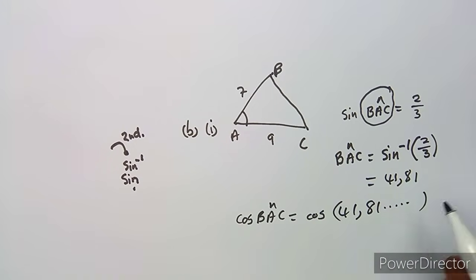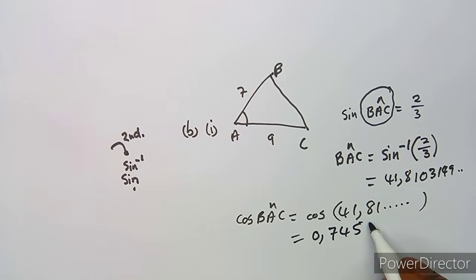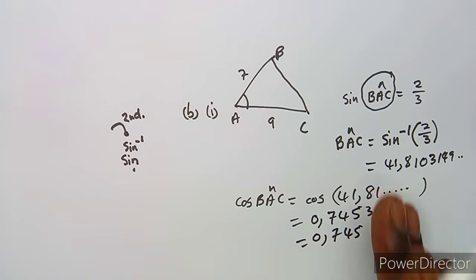The value that you obtained is 41.810314, and so on. So you calculate that value now. That is cos answer. So you're going to obtain 0.7453, something like that, which is 0.745. That is your cos now.